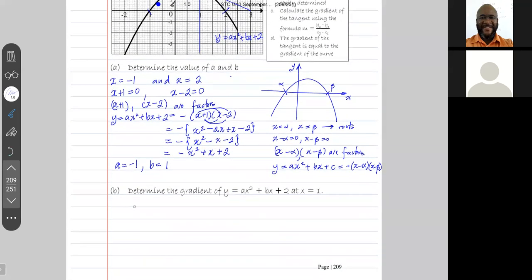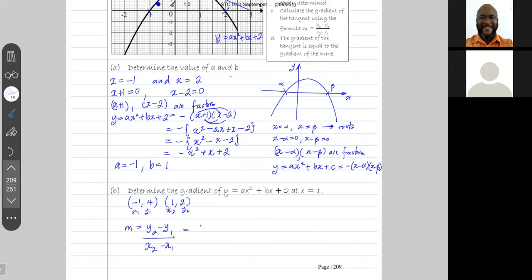So my points are -1, 4 and 1, 2. This is my x1, y1, and my x2, y2. m is equal to y2 minus y1, and this is over x2 minus x1.